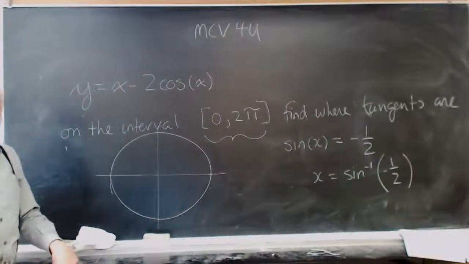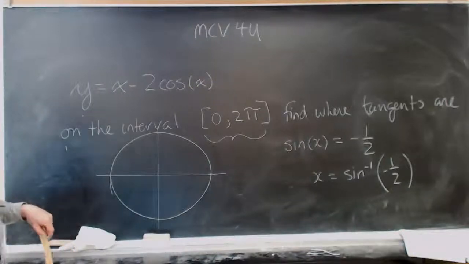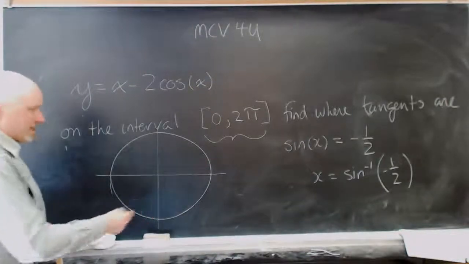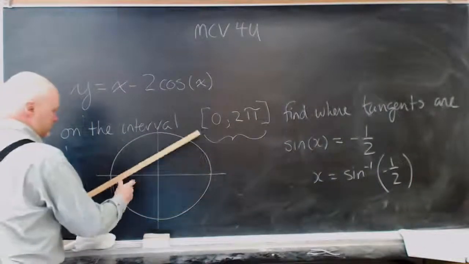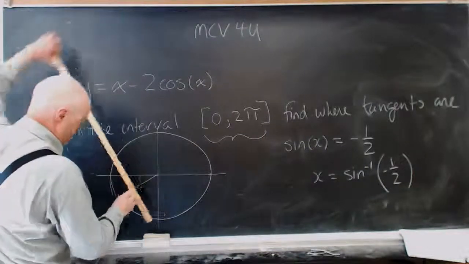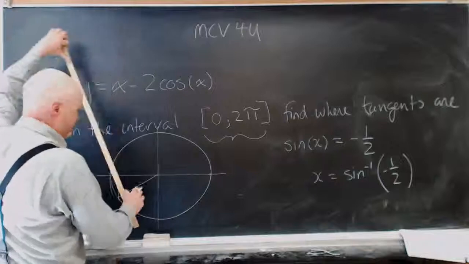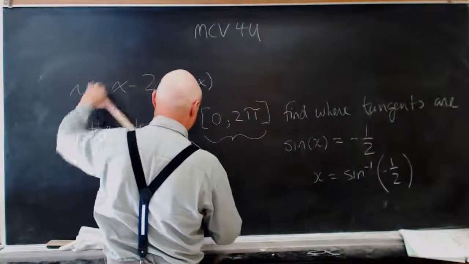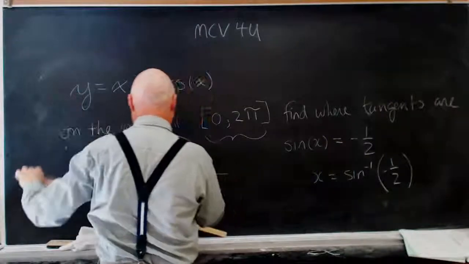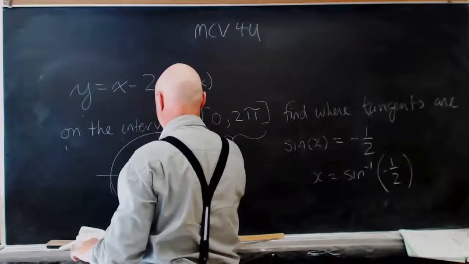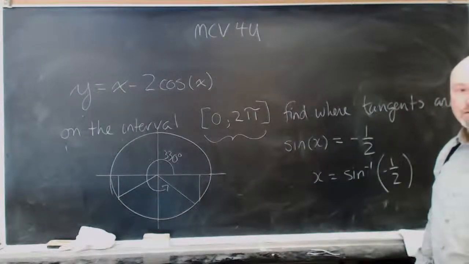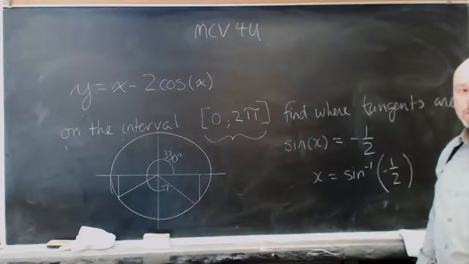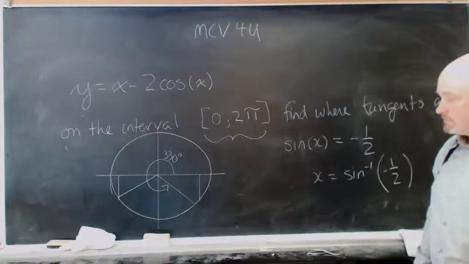Okay, what are my 2 angles? Negative 30. Negative 30, but I have to be between 0 and 2 pi, so you just need to fix it up. So 330, if I don't mind doing that in degrees, which is equal to negative pi over 6.